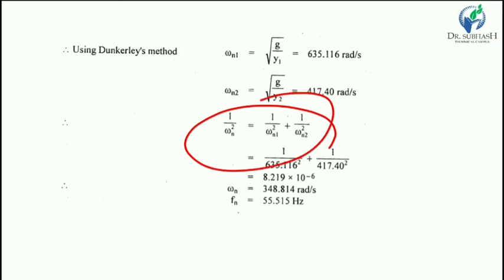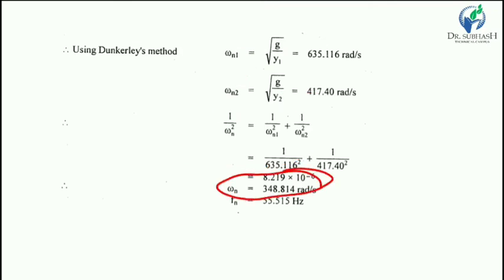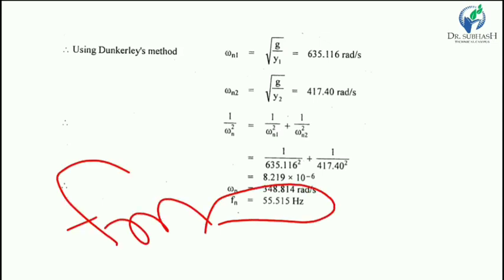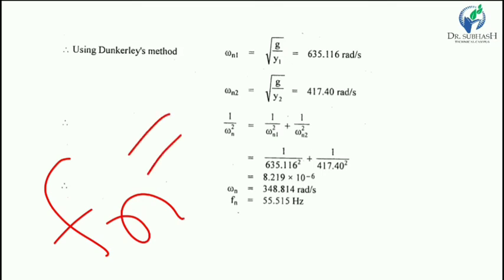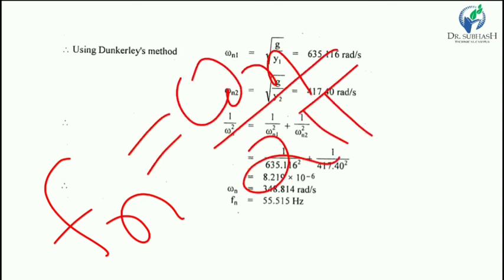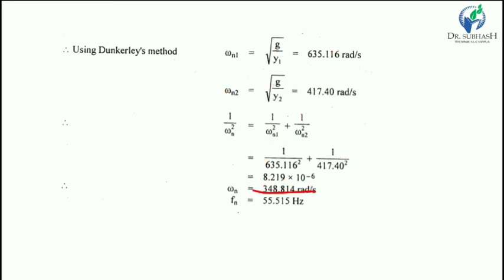Now the omega values are applied in the Dunkerley equation, and finally we get the circular frequency omega n as 348.81 radian per second. From that we can find the frequency: Fn is omega n divided by 2 pi, and the frequency of the beam is 55.51 hertz.